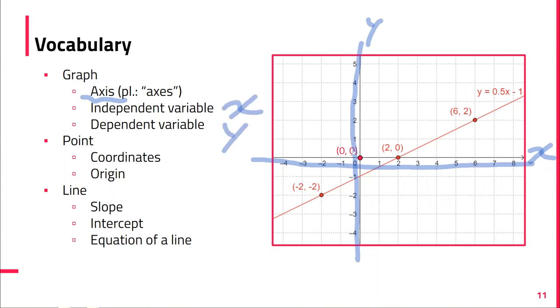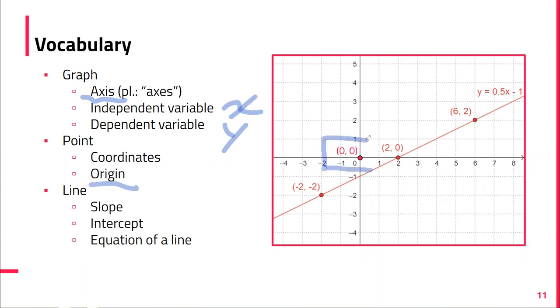So x is independent, y is dependent. Points, coordinates, we talked about that. The origin, remember, is this special point here of 0, 0. Equation of a line, something like y equals 0.5x minus 1. We'll look at some more examples of that today.